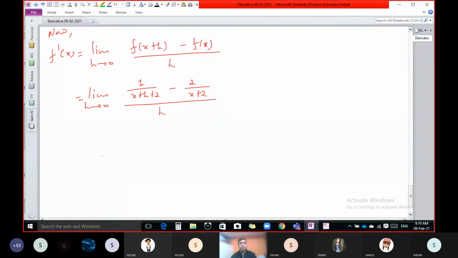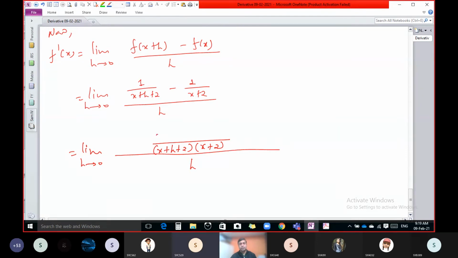Now LCM. What is LCM in numerator? What we would write in numerator as LCM? x plus 2 into x plus h plus 2. Into x plus 2. Yes, now cross multiply and tell me.